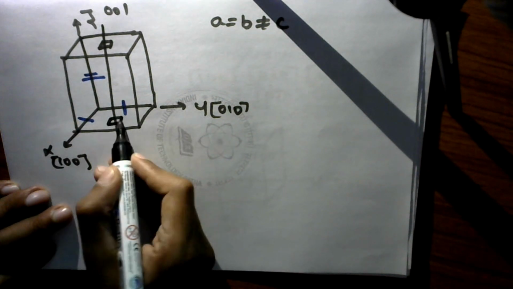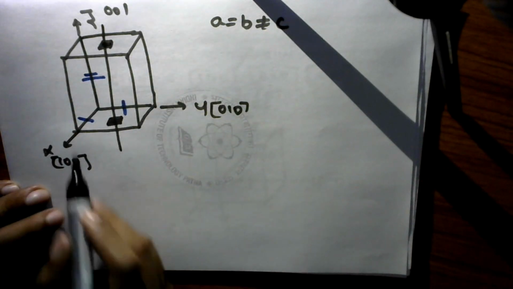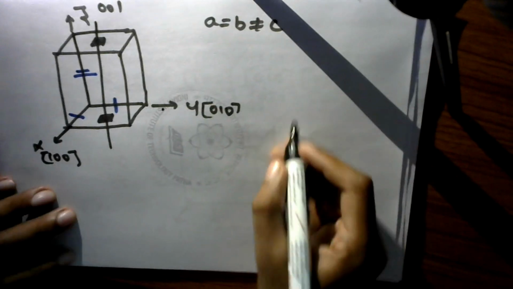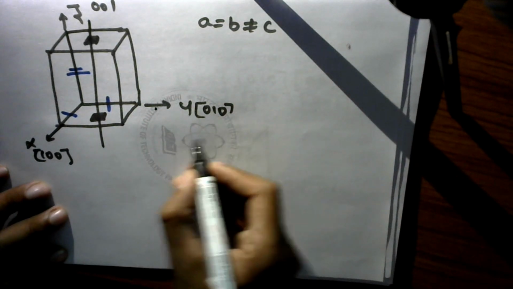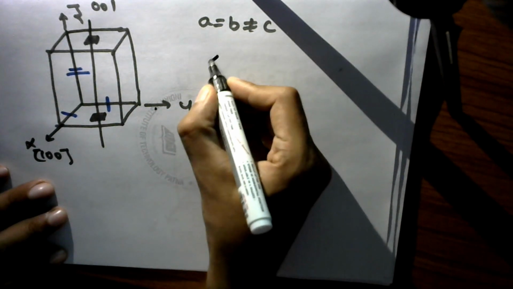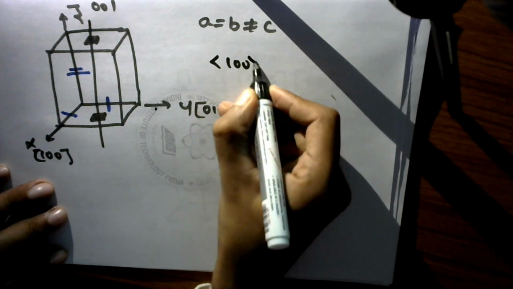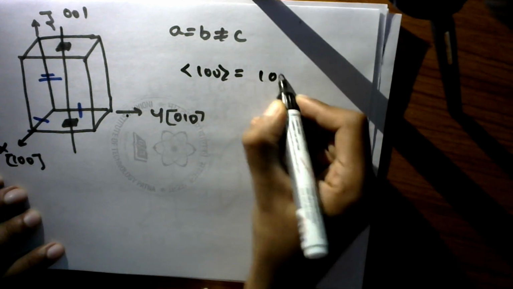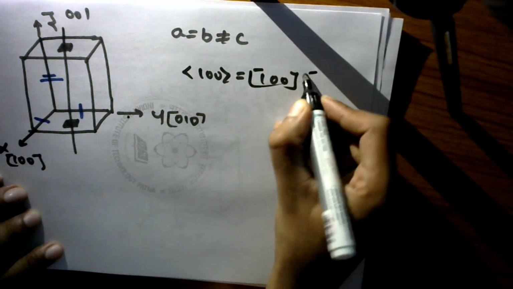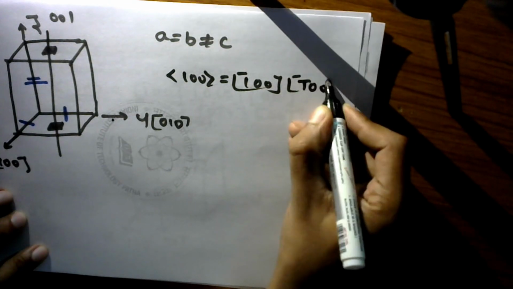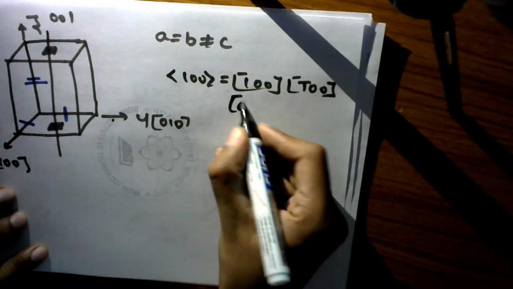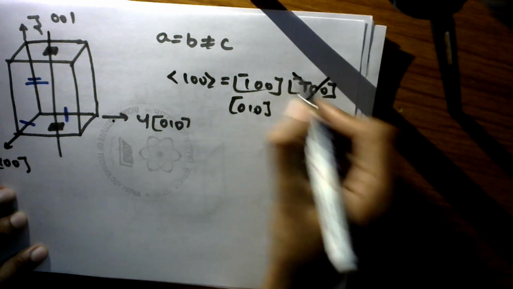So about this, if I rotate, x will coincide with y. And so in the direction 1 0 0, I can write 1 bar 0 0 will be there, and 0 1 0 will be there. Let's not talk about this right now.